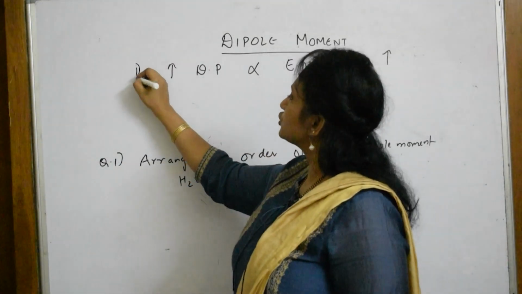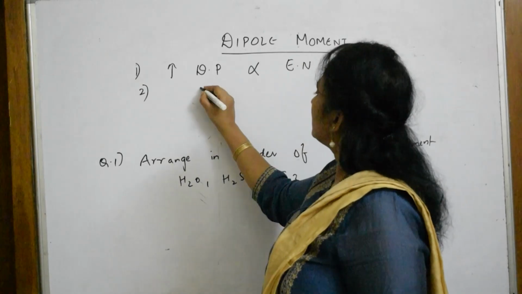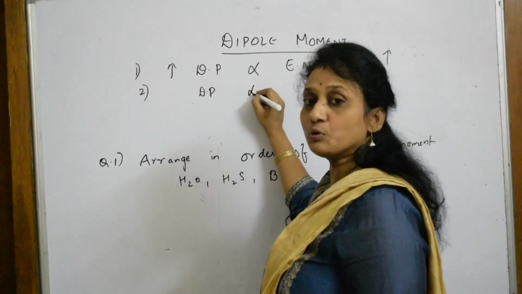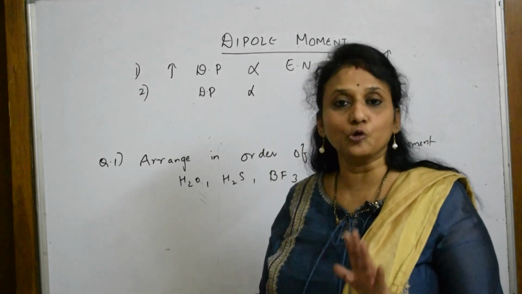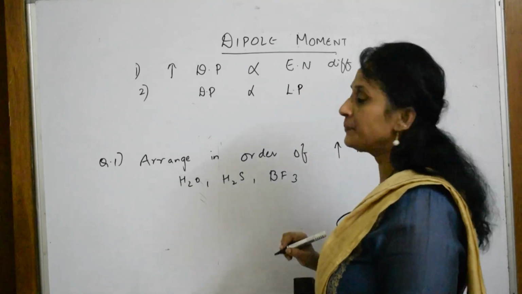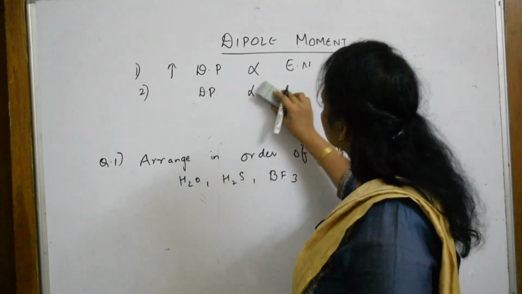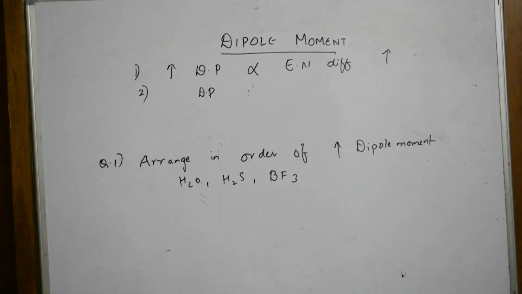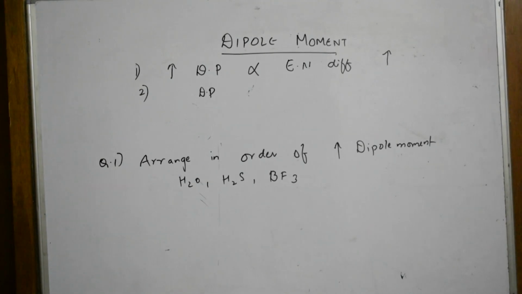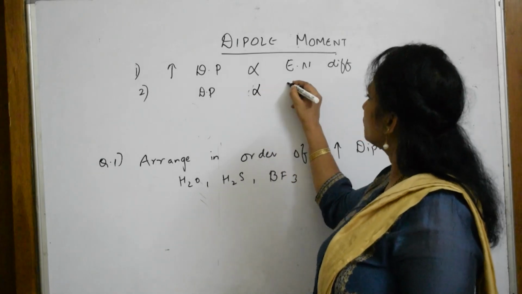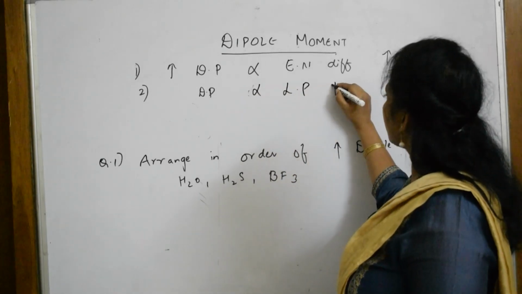The next concept to remember is dipole moment in terms of lone pairs. If you draw the structure and see that the number of lone pairs is more, then the dipole moment will also be more. So directly related.